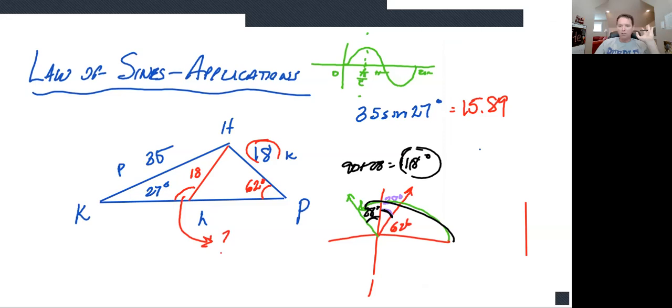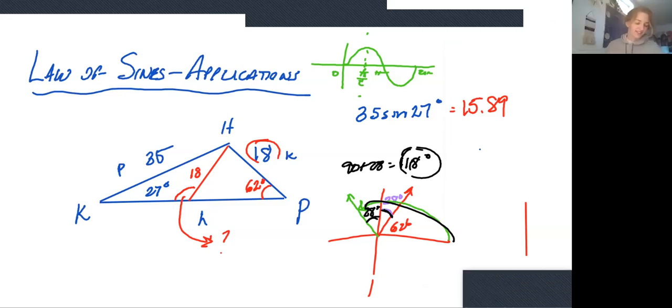Number 12 on the worksheet or in the book? In the book, because of the things that they give you. Let me open it up real quick so I can see it. Can I just check one more time, though? Are we better than we were on identities? Okay, good. I'm glad.